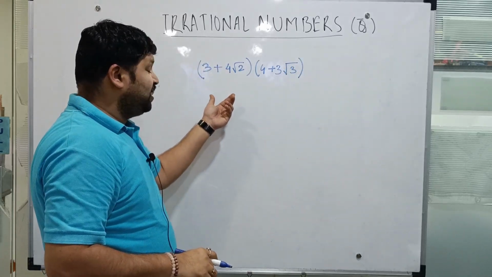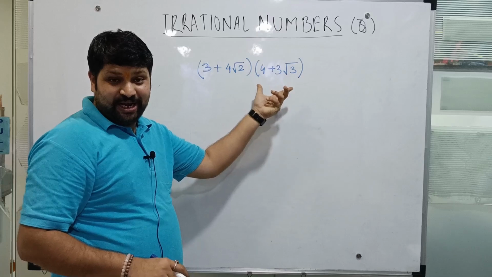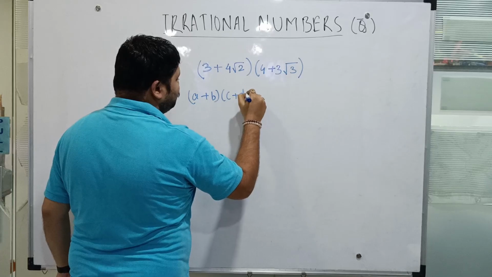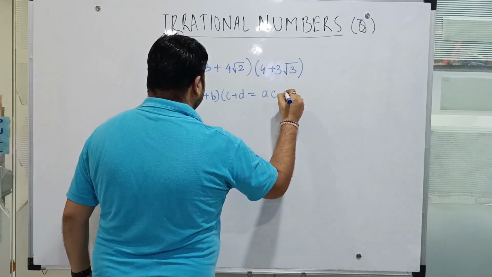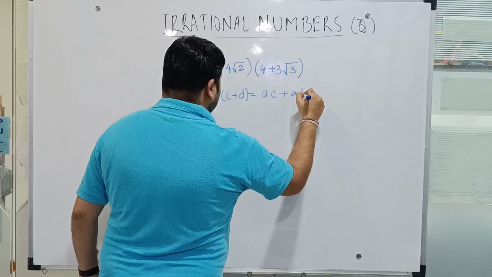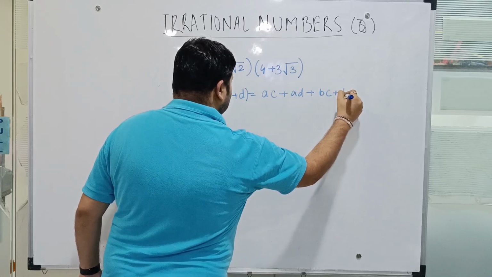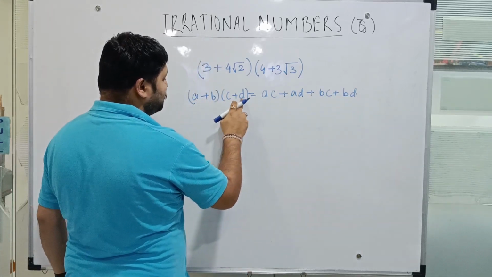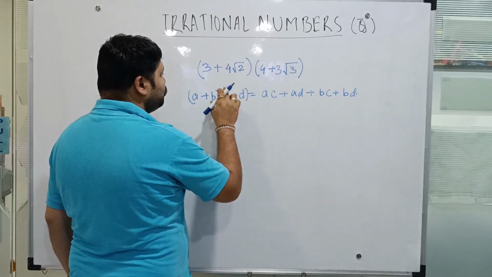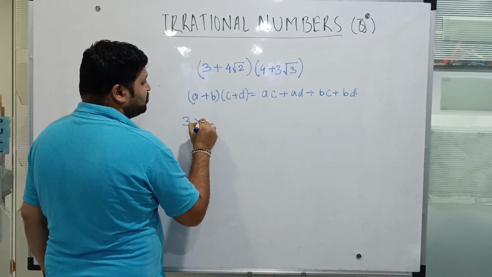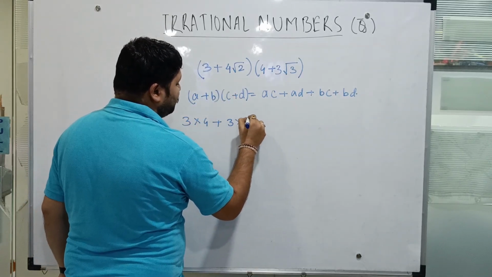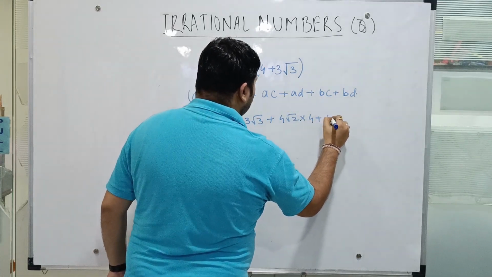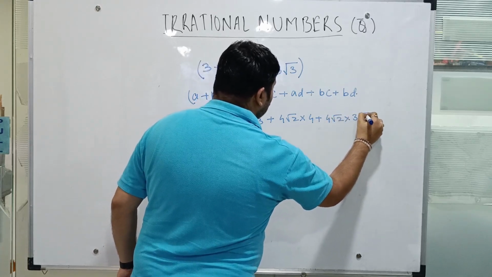Now we would be expanding it using a plus b multiplied by c plus d, which is generally written as ac plus ad plus bc plus bd. So we should get 4 different terms. This multiplies this, then this multiplies this, then this multiplies this, then this multiplies this. So here we'll get 3 multiplied by 4 plus 3 multiplied by 3 root 3 plus 4 root 2 multiplied by 4 plus 4 root 2 multiplied by 3 root 3.